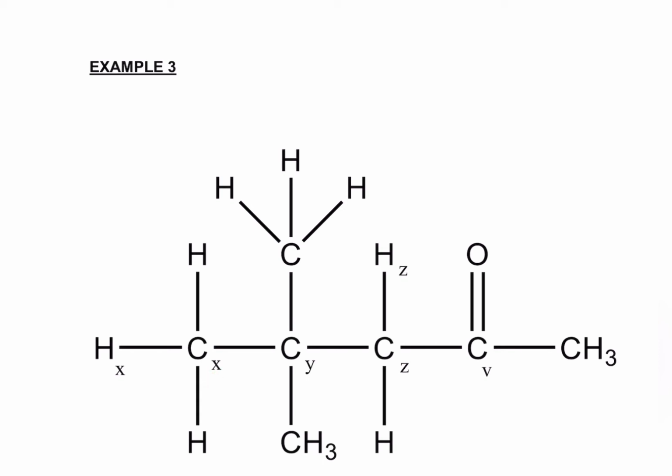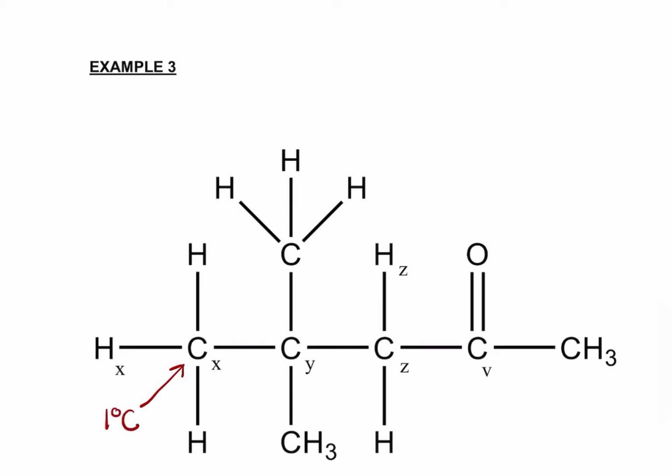As you see from here, the first rule, take a look around the carbon atom whether all bonds are single bond. So you see from here, we got 4 single bonds. It means that yes, you can classify CX. And take a look at CX. You have CY attached to it. So 1 carbon atom attached to CX. This means that CX is primary carbon.